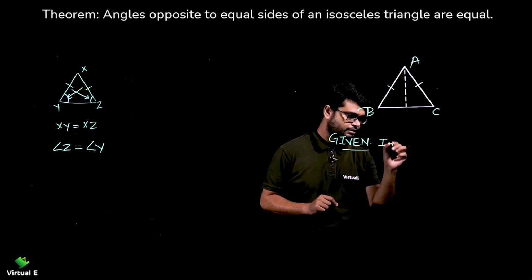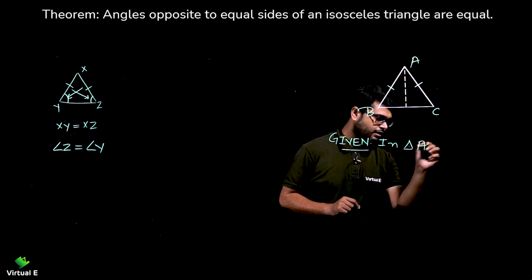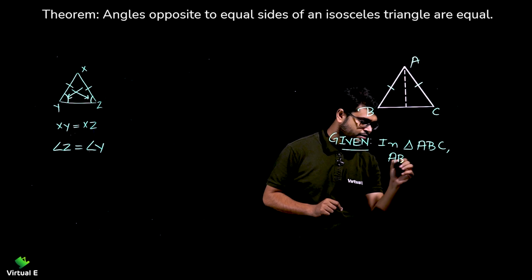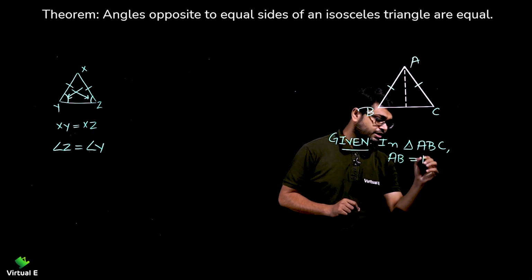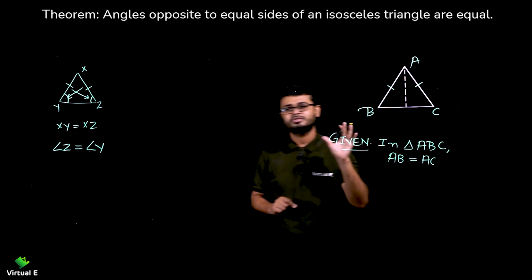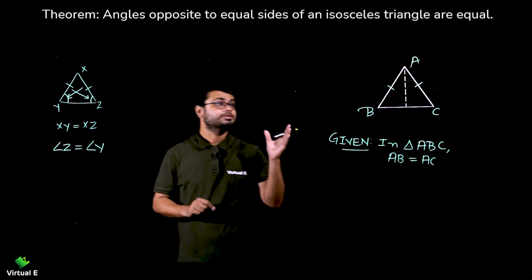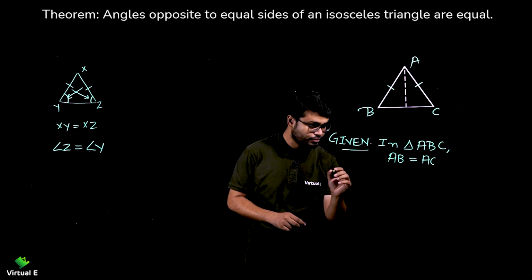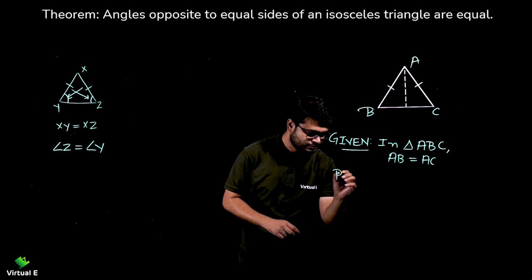So in triangle ABC we can write AB is equal to AC. Basically it is an isosceles triangle, right? Because it has two sides equal. So that's done. Now what do we need to prove? So let's write proof.